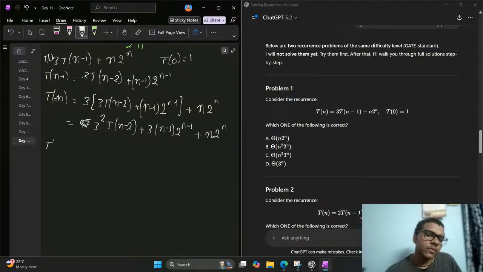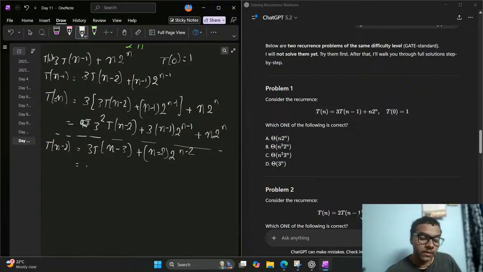Let's do one more rolling just in case. 3T(n-3) plus (n-2)·2^(n-2). And now 3 square into 3T(n-3) plus (n-2)·2^(n-2).